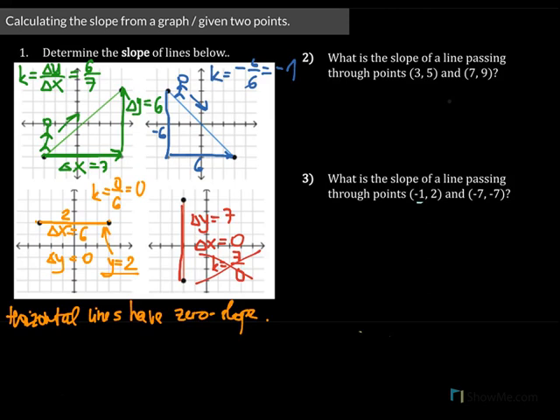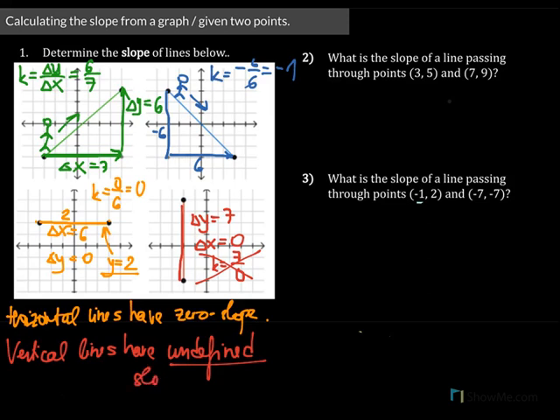So the slope of a vertical line is undefined. Vertical lines have undefined slope. The equation of this line would be, if this is negative 2, that x is equal to negative 2, because that's the only x value I have for this line.